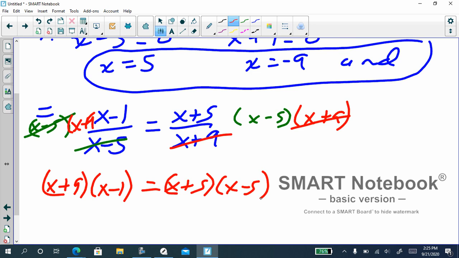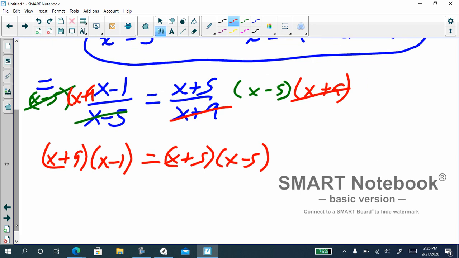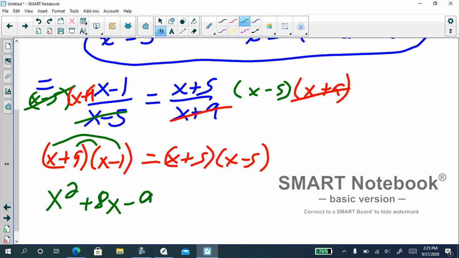So we want the parentheses to go away, so we would distribute and combine like terms. We would have x squared, minus x plus 9x, so that would be 8x, 9 times -1, so minus 9. Then we have x squared minus 5x plus 5x, which would cancel, minus 25.